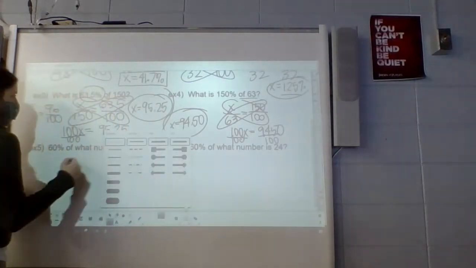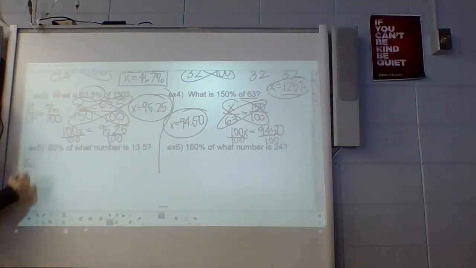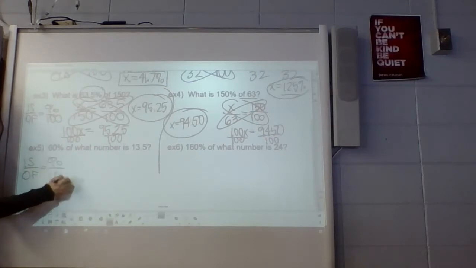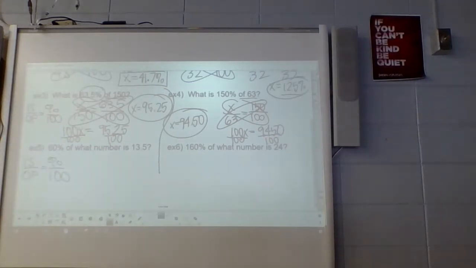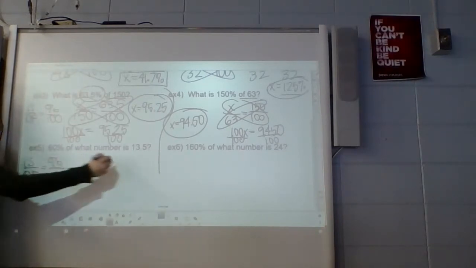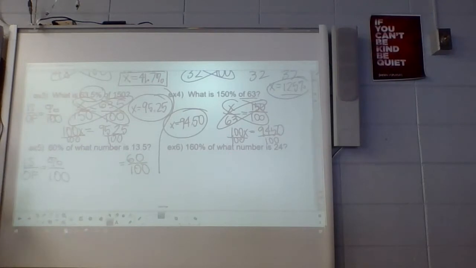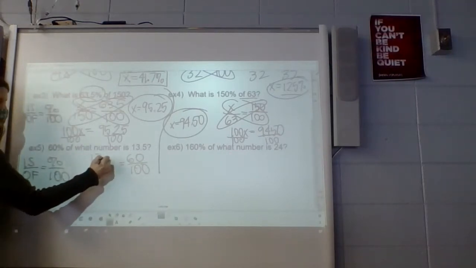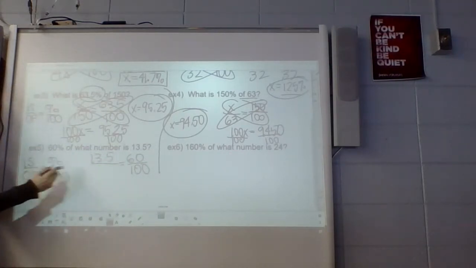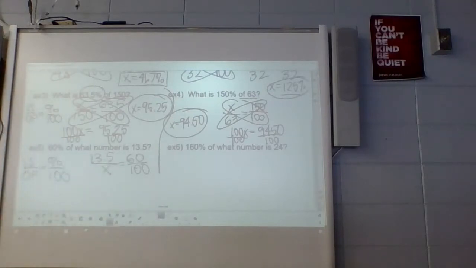So again, setting up our proportion, is over of equals percent over 100. We're going to use this in all we're doing here today. So that 60% goes over 100. And then the is 13.5. That goes over the of, which is x.